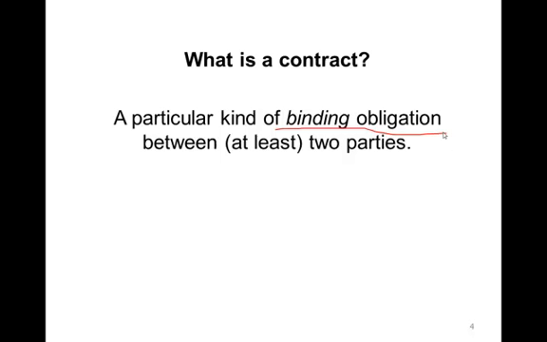So we might talk about completed gifts, we might talk about contracts, we might talk about this thing called promissory estoppel, we may talk about equitable estoppel, and we may talk about restitution, quasi-contract, or unjust enrichment. Each of those is a particular kind of binding obligation, and a contract is just one of those that we talk about.